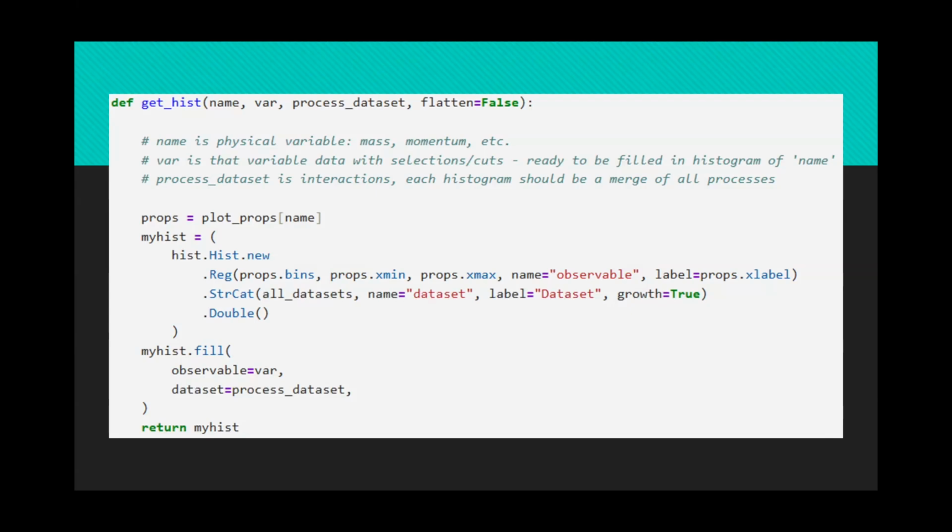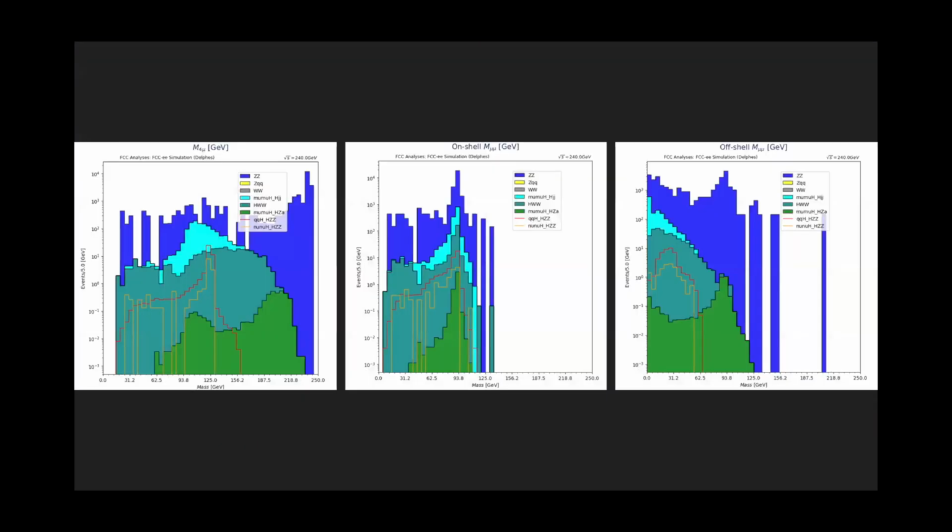On the x-axis, we have a physics variable, and on the categorical axis, we have a dataset name. Then it fills the histogram, and later we have samples that can be kept separate but later merged. And I also put in some graphs from my analysis code.